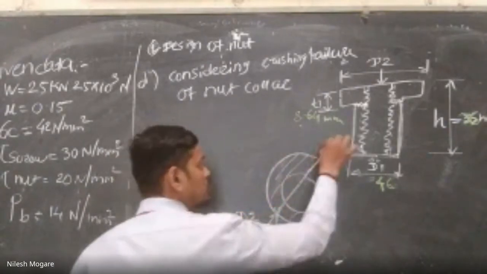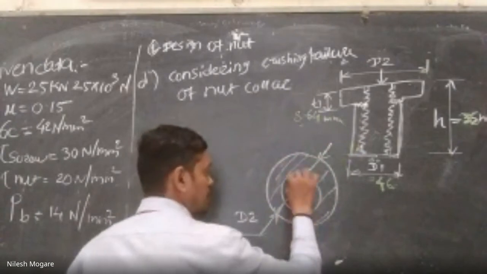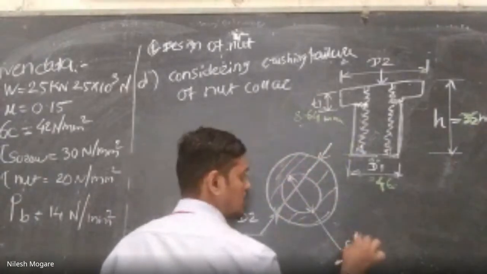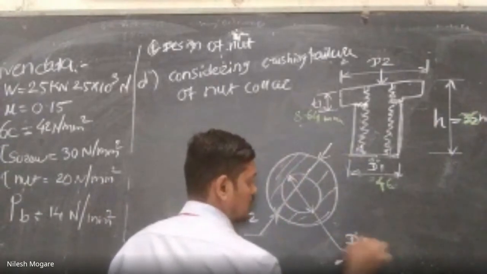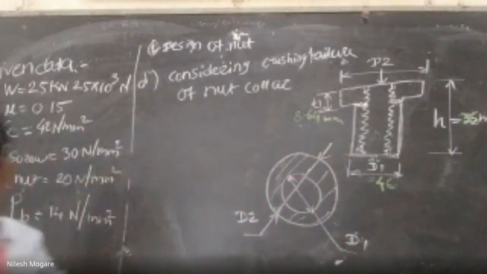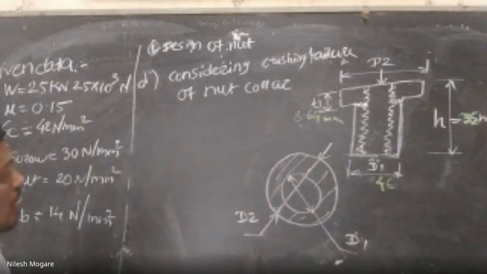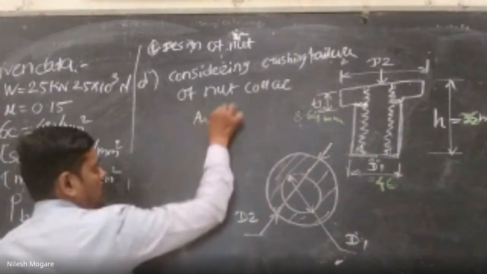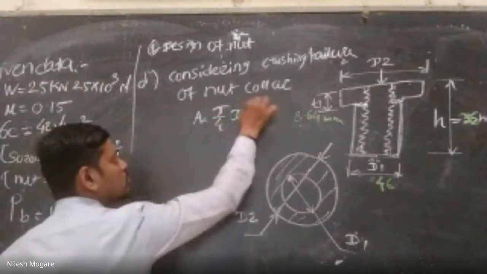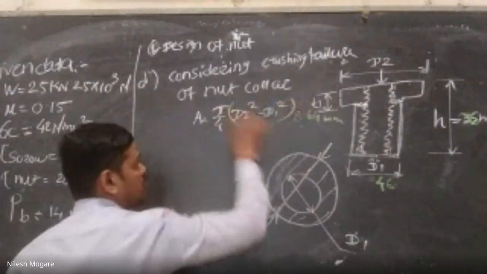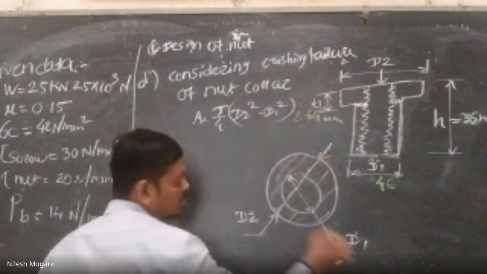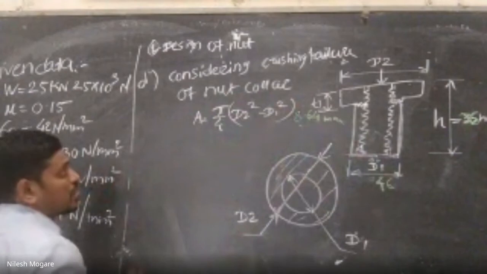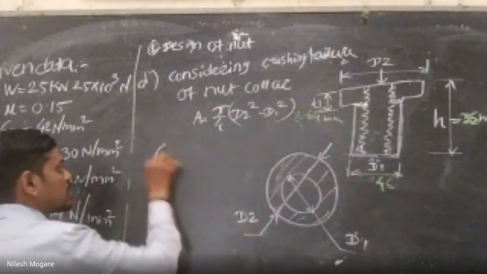It is d2, the outer diameter, and this one is the inner diameter d1. So the area will be pi by 4, d2 square minus d1 square. That is bearing crushing failure.